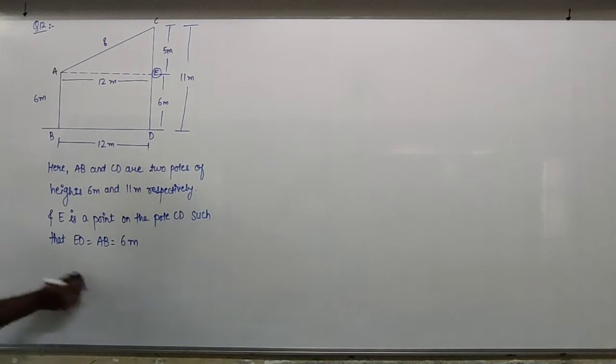Right? Such that ED equals to AB equals to 6 meters.